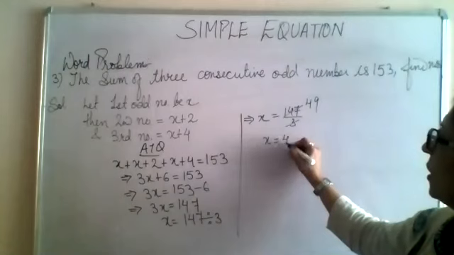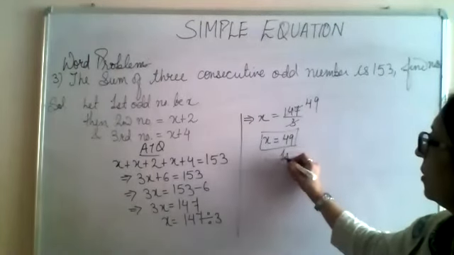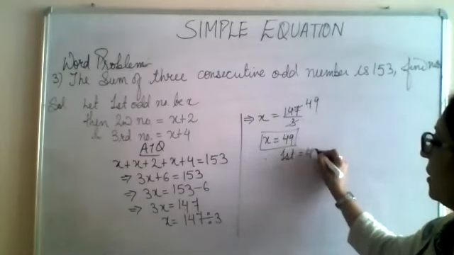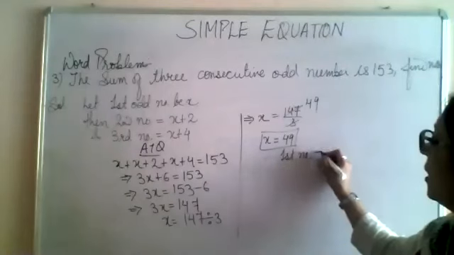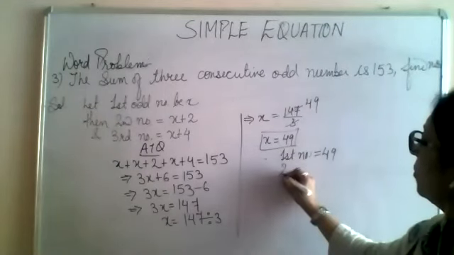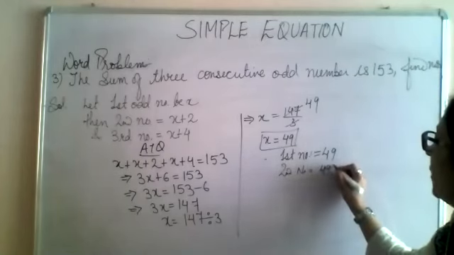x equal to 49. It means the first number is 49. The second number, add 2, you will get 51.